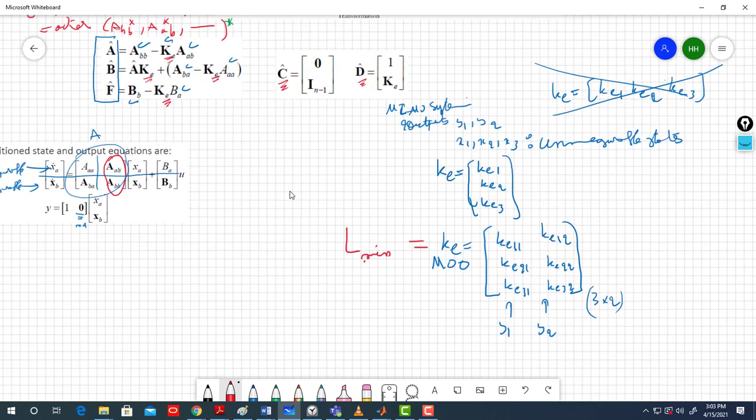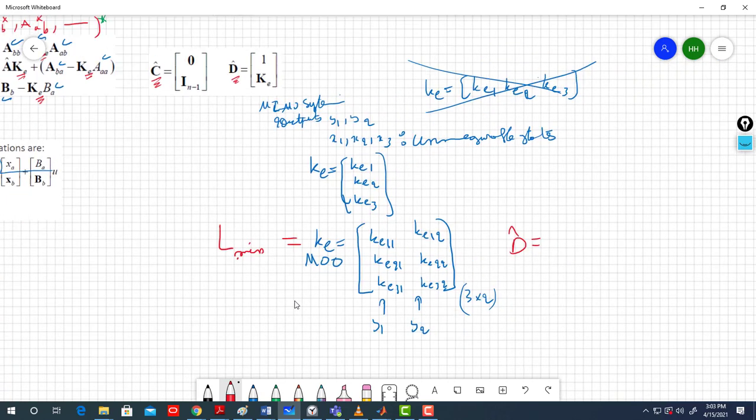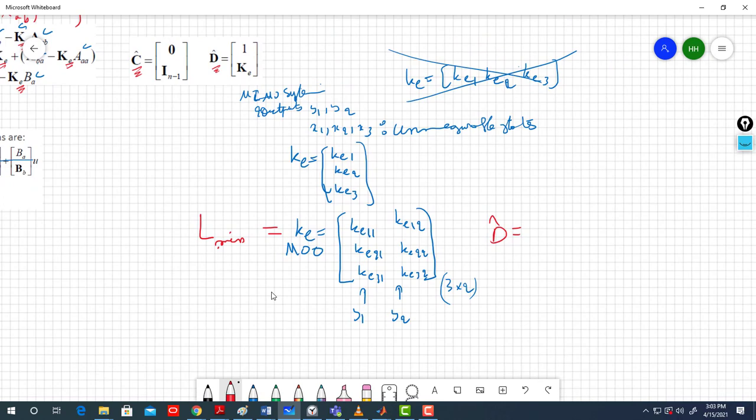So I'm saying now, what if that's my state? So I have three unmeasurable states and two outputs, which maybe reflect two measurable states. At the end I have 5 states. So in this case, if you want to represent D hat, this one will be an identity matrix. So now I'm just extending. See how easy it is to extend it to a MOO system?